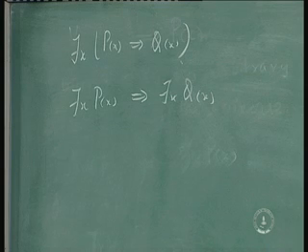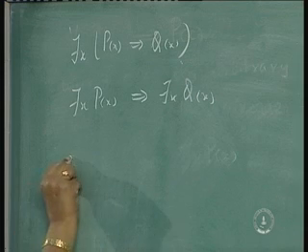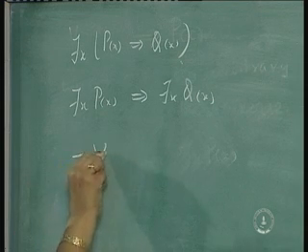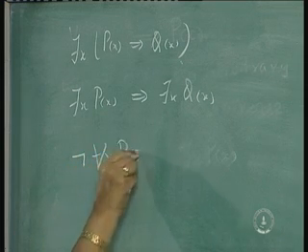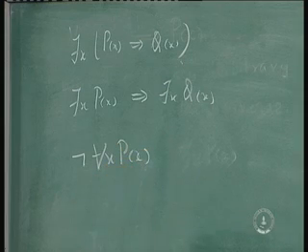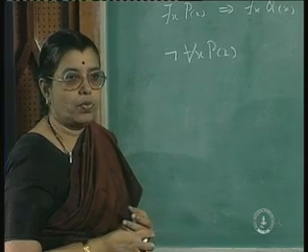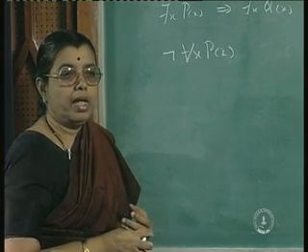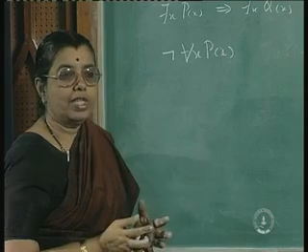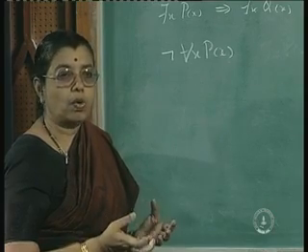Also, when using not, you have to be careful. For example, you may have something like that, not for all of x P of x. What does this mean? This means that it is not true that for all of x P of x is true, is it not? Then that means that there is a value of x for which P of x is not true.